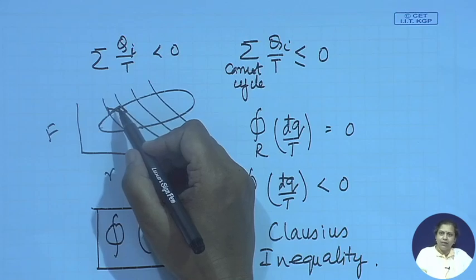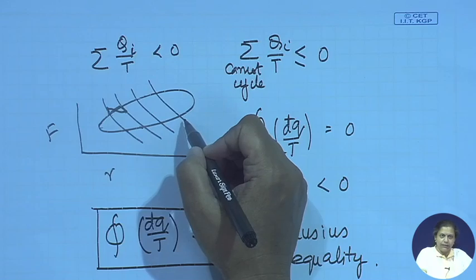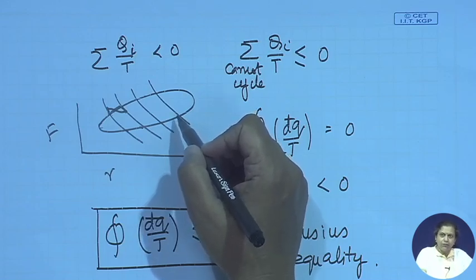Again, I leave it to you as an exercise to prove that any reversible process is equivalent to two isotherms and a reversible adiabat. Now, based on this, any reversible cycle can be broken down into a large number of adiabats, and we know that two adiabats can never intersect.